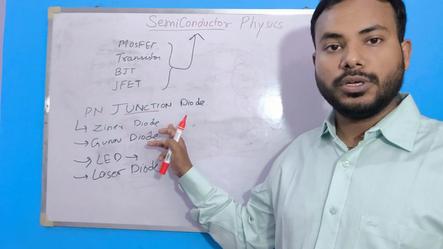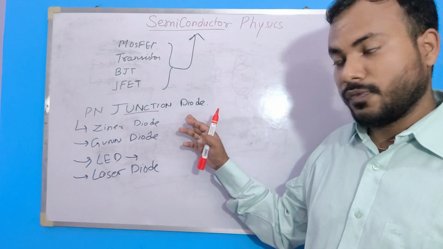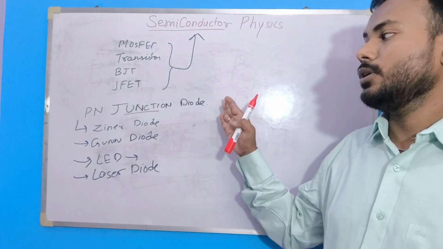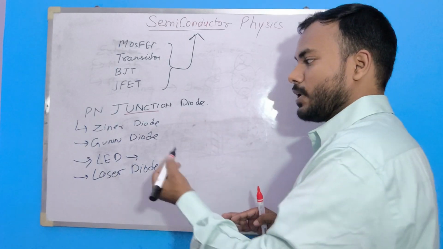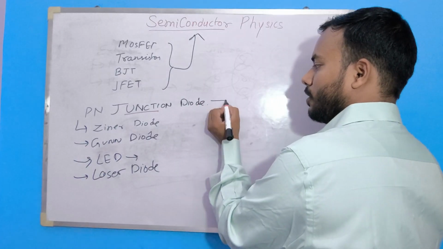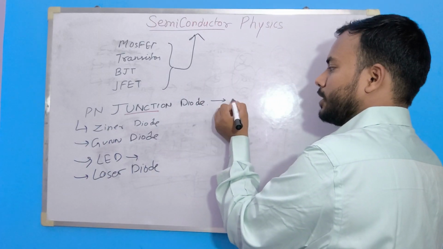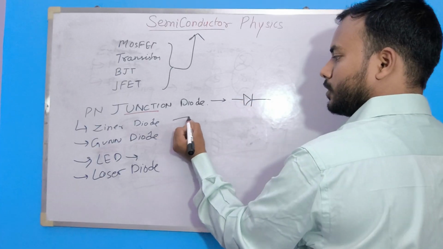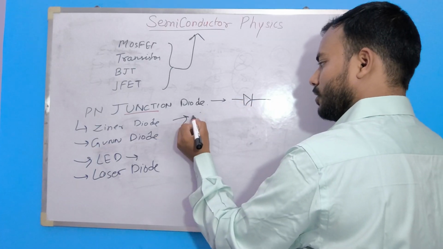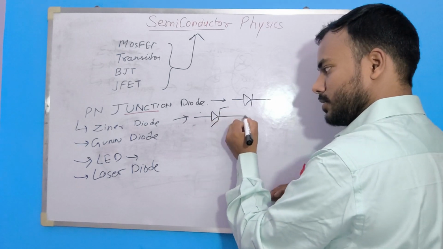The Zener diode is considered a most important diode and its function is very similar to the p-n junction diode, but the difference is, we can see in the diagram. The normal diagram of a diode is the p-n junction diode, it's like this, and for the Zener diode it's like this.